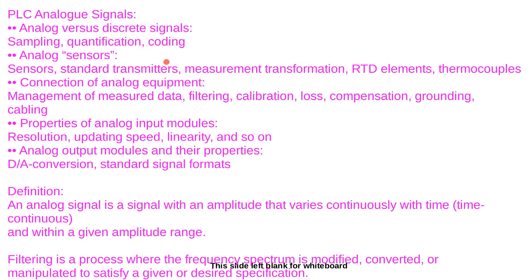The filtering process is a process where the frequency spectrum is modified or manipulated to satisfy some set specifications. This can involve amplification, that is multiplying the signal quantity, or suppression of a particular frequency range, or you can say removal or isolation of a particular frequency component.